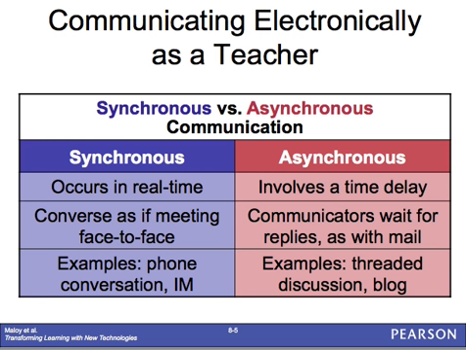We have synchronous versus asynchronous communication. Synchronous occurs in real time, and asynchronous involves some type of time delay. In other words, if you're synchronous, you're probably doing something face to face with a camera, or a webinar over the phone or something like that.